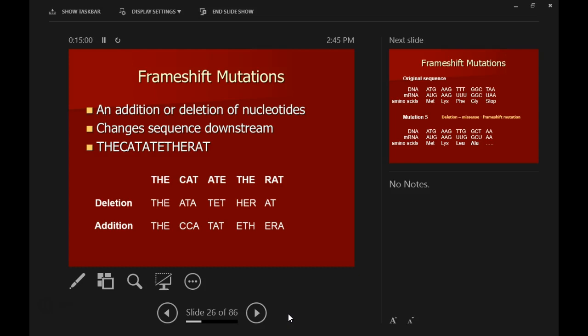The important thing about frame shift is that at the point of a frame shift, the sequence, particularly the sequence of amino acids, is going to change dramatically downstream.